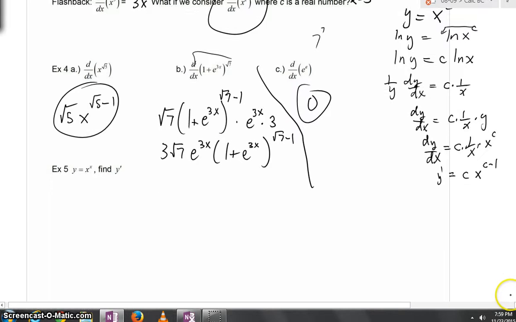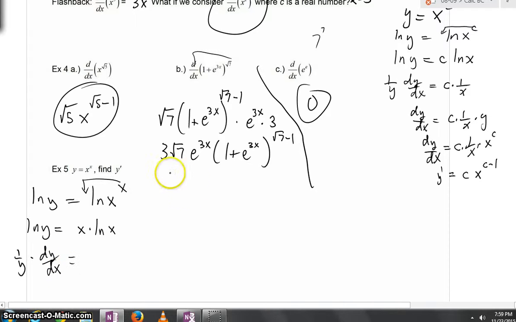Finally, last problem here. x raised to the x. There's a reason why we've been taking a natural log on both sides so often. It is a wonderful technique to help us take derivatives. When we take a natural log on the left and the right side, I can drop that x down. The derivative on the left would be 1 over y dy dx.